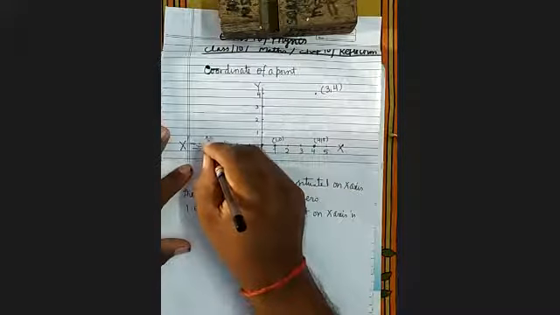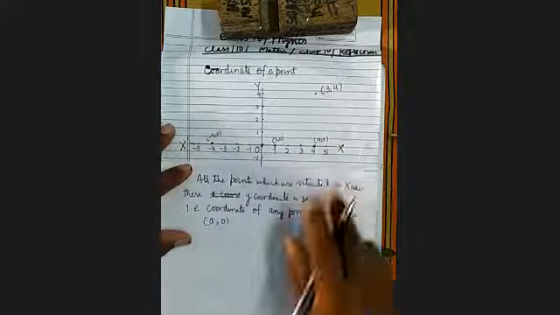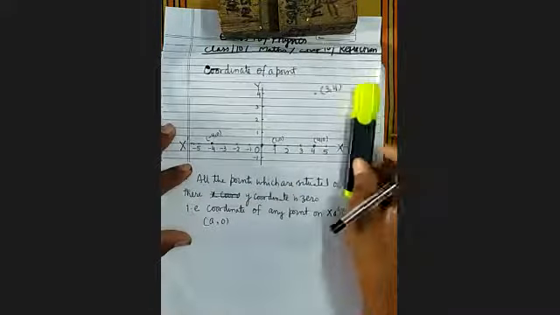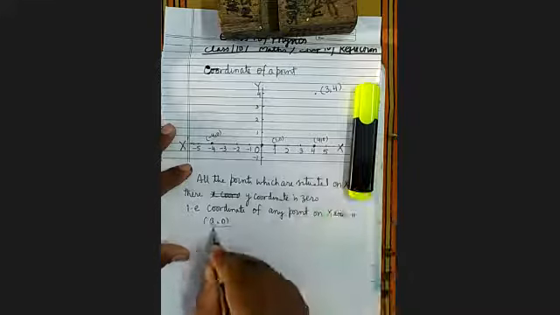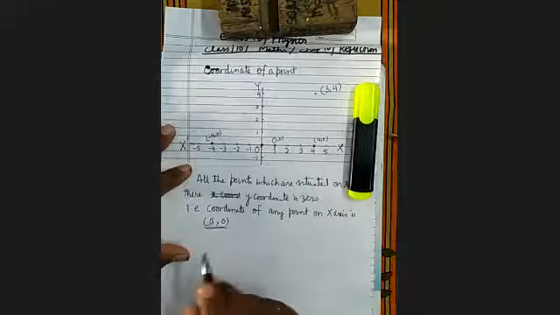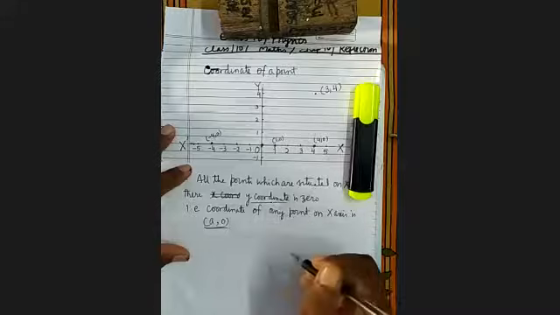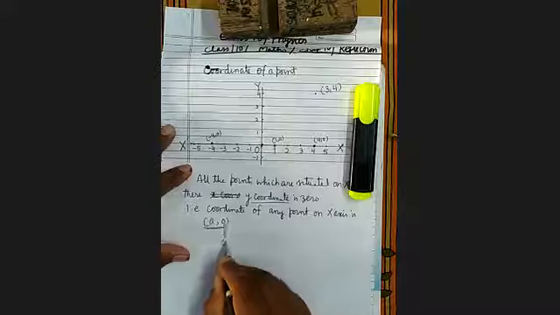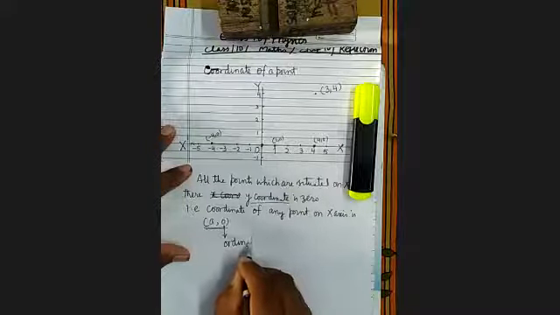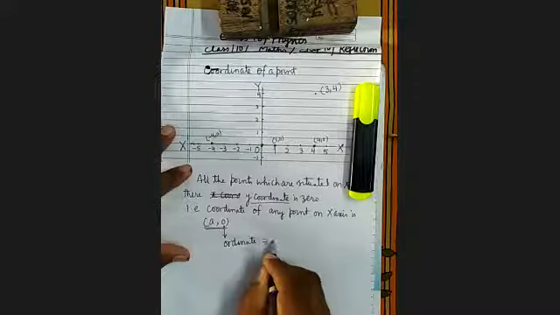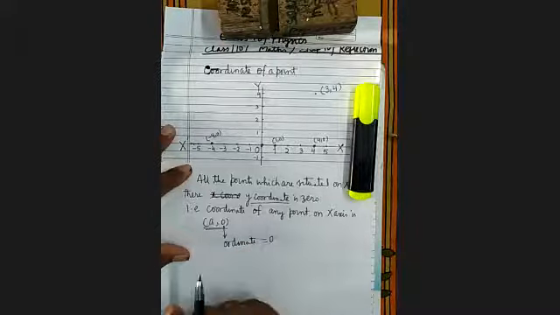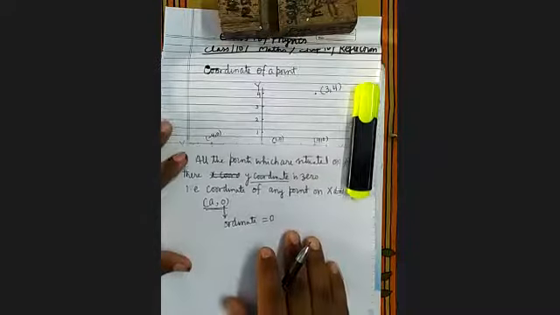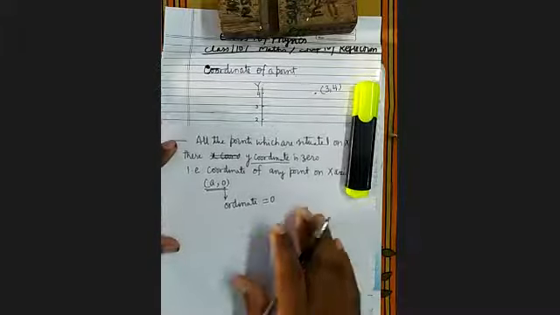It's clear. What will be the coordinate of this point? Minus 4 comma 0. मतलब x एक्सिस पर जो भी पॉइंट होगा उसके कोऑर्डिनेट a कामा 0 होंगे. उसका y कोऑर्डिनेट जिसे ऑर्डिनेट कहते हैं, 0 होगा. This point is clear? ये समझ में आया.